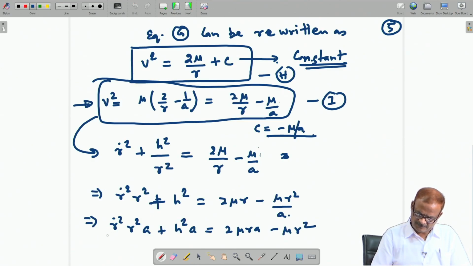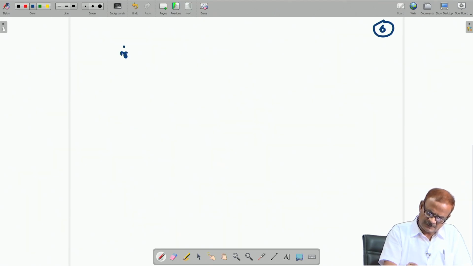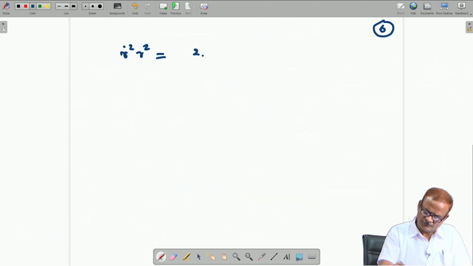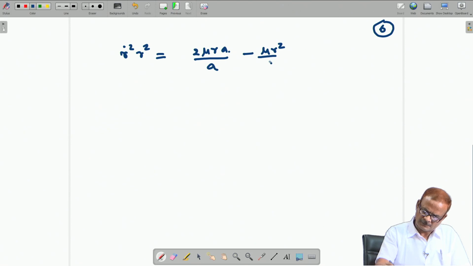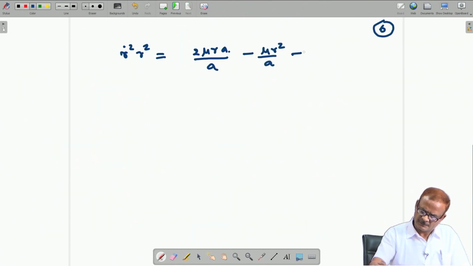So, r dot square, what we were looking for, this expression: r dot square r square then becomes 2 mu r a divided by a, minus mu r square, and then minus h square a, here it will be minus h square a divided by a.